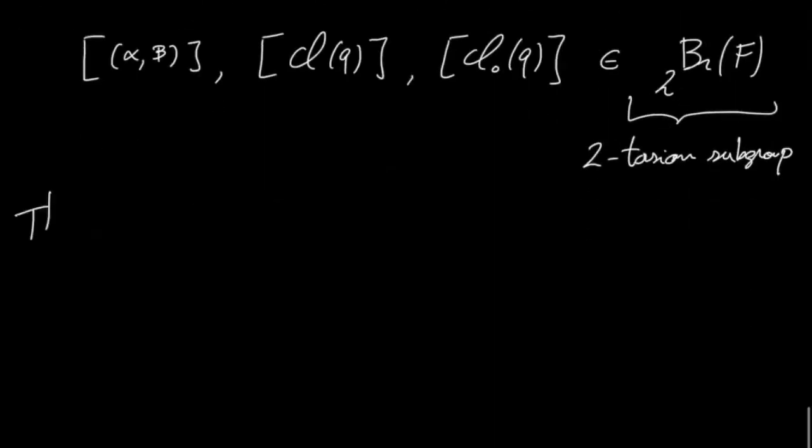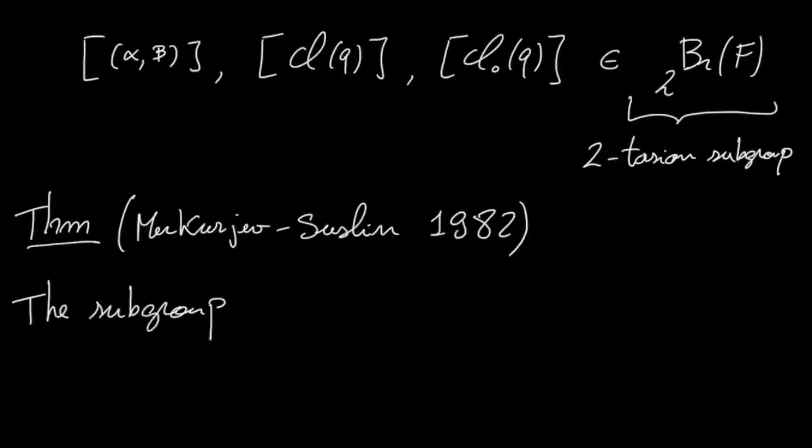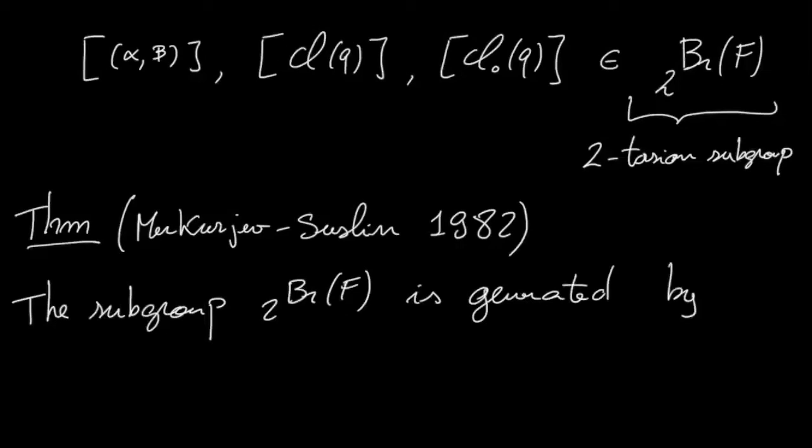Namely, there is this famous result of Merkurjev and Suslin, a result from 1982 that says that this group, the two torsion subgroup, so the 2-torsion of Br(F), it's actually generated by quaternion algebras.